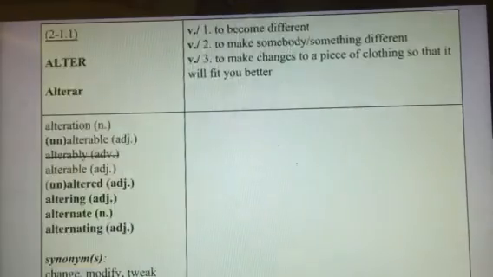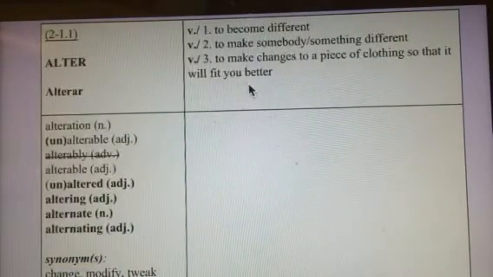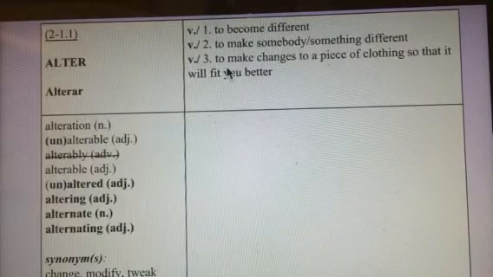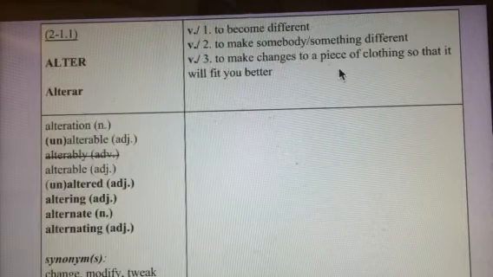Okay, back to our definitions. And the third one is specific towards clothing. And the definition here is to make changes to a piece of clothing so that it will fit you better.